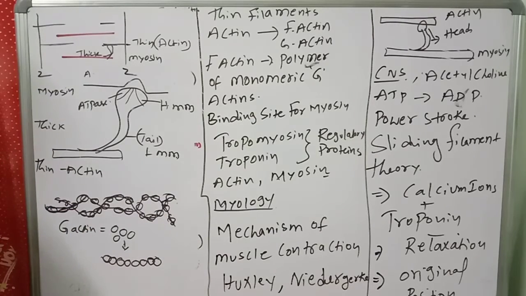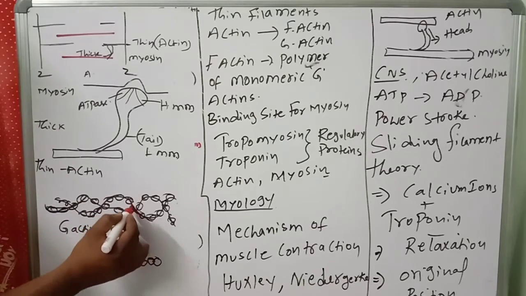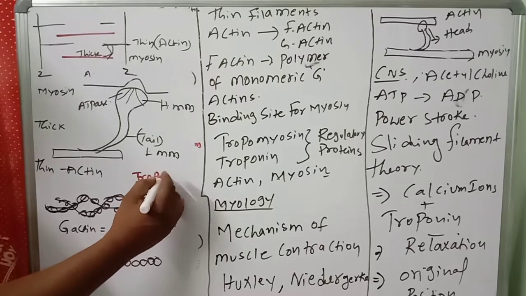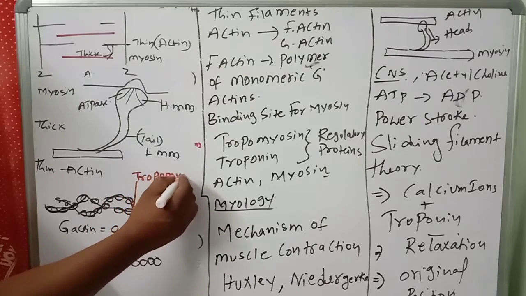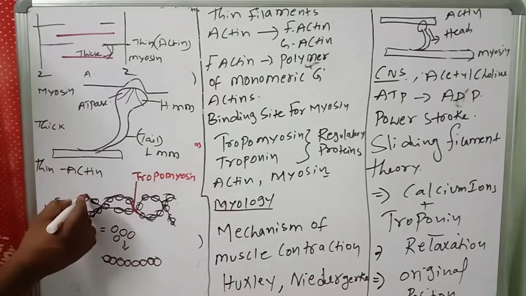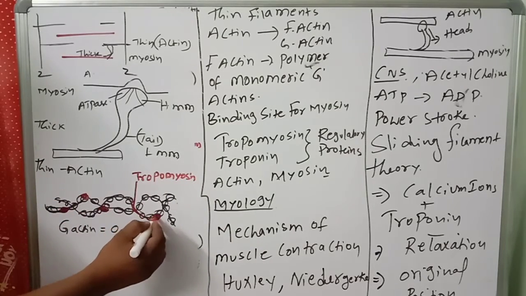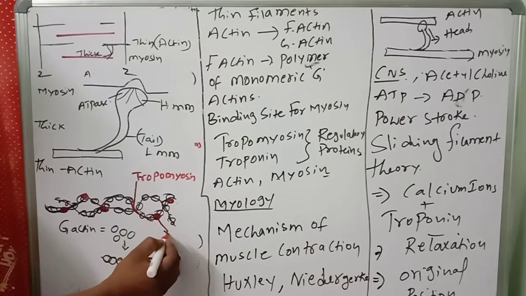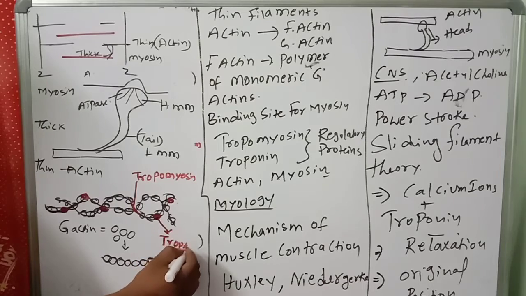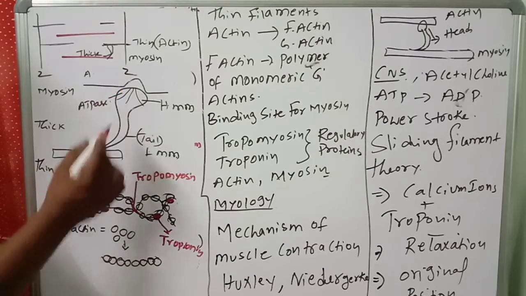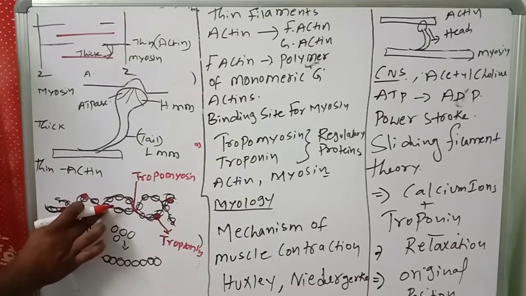Now these thread-like structures are called tropomyosin. Here, at occasional locations, there are some contractile proteins called troponin. The myosin head will go and bind at this particular area.